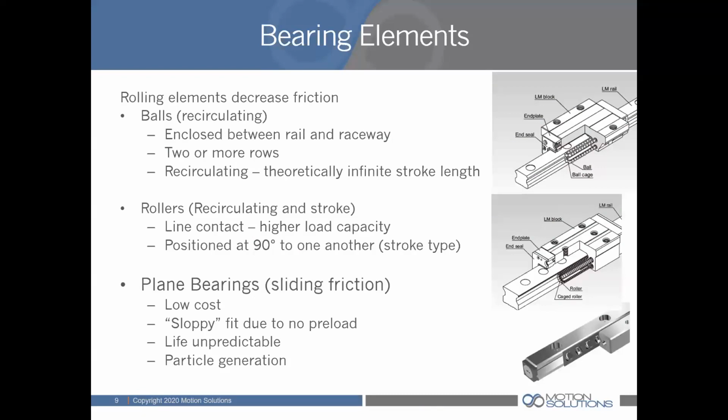The linear guides with balls are generally enclosed in the raceway between the linear guide and the bearing block. Generally, they have 2 or more rows. So you typically see 2, 4 rows, and there are some linear guides out there with 6 rows, although that's debatable whether that really gets you anything.